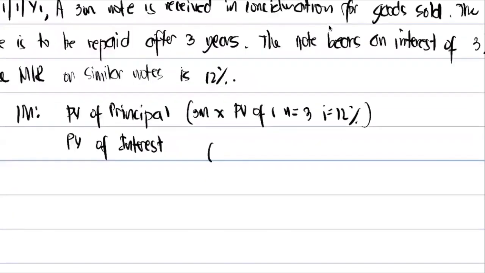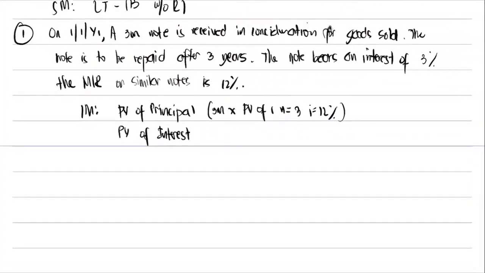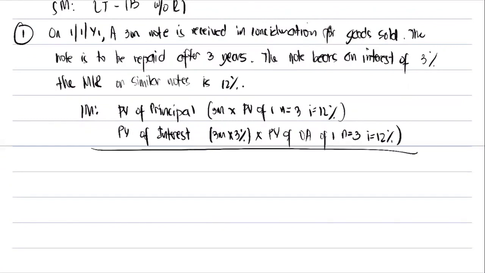And our interest is equal to 3 million multiplied by 3% multiplied by PV of ordinary annuity of 1, n equals 3, i equals 12%.